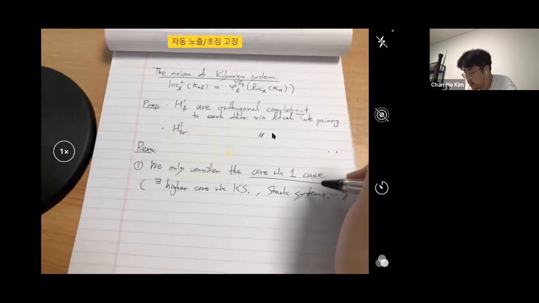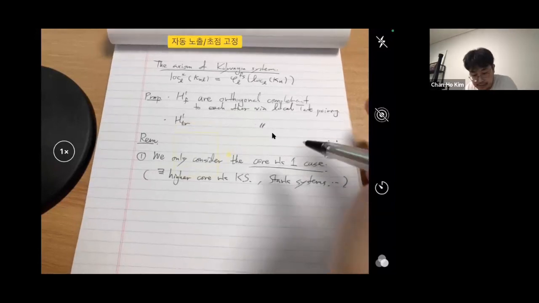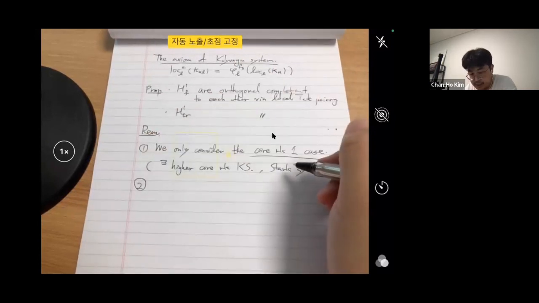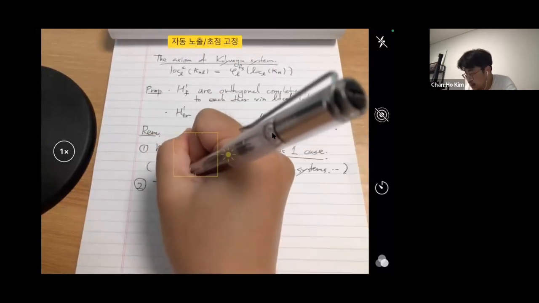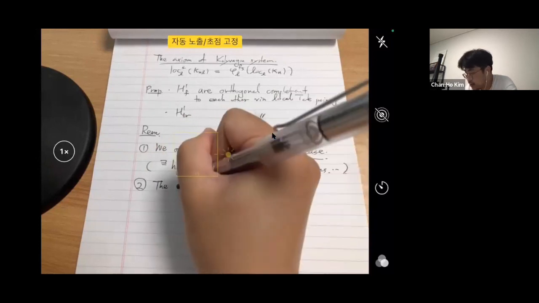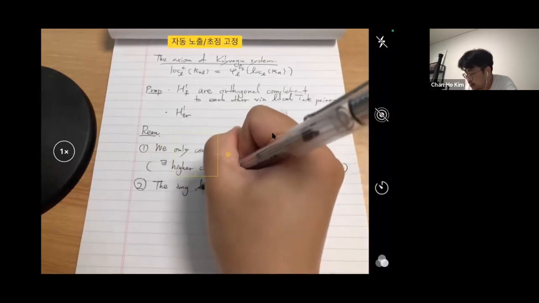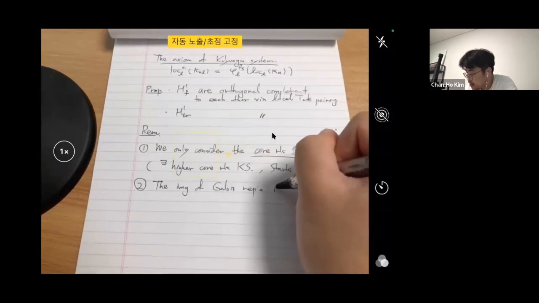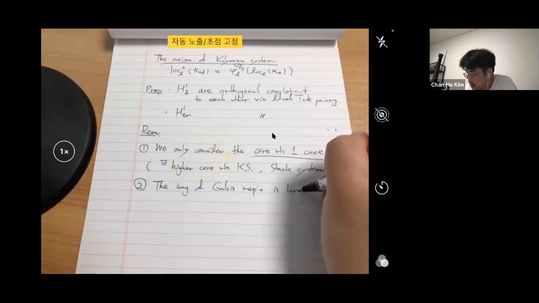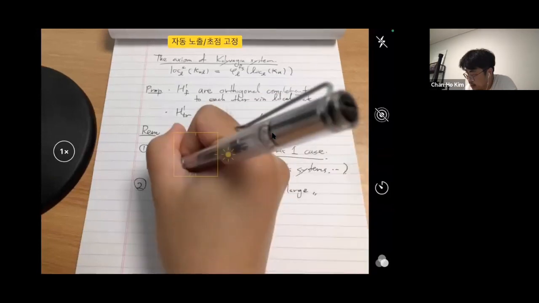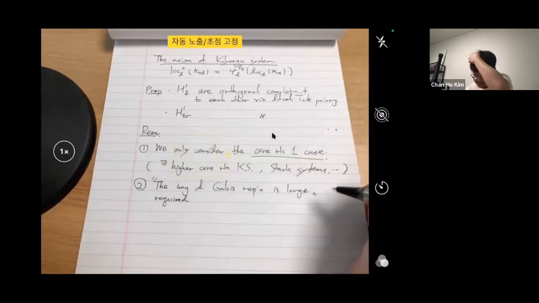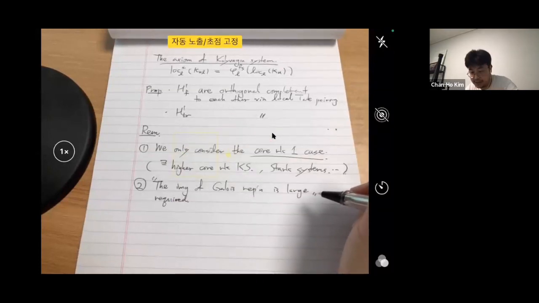Many developments have been done, and we still need the image of the Galois representation to be large. This is required to satisfy all the conditions to have the Kolyvagin system.